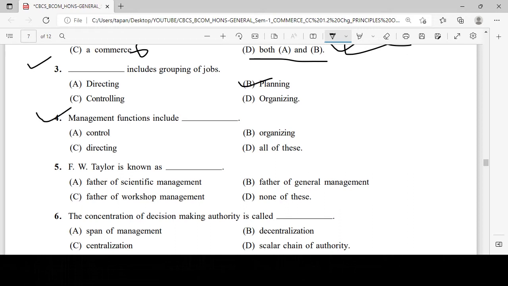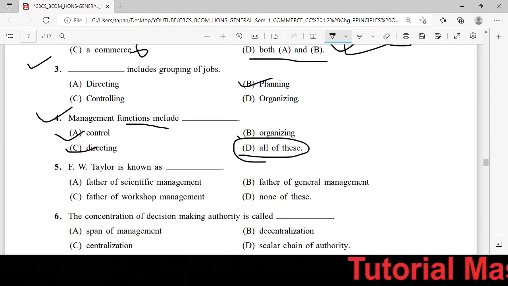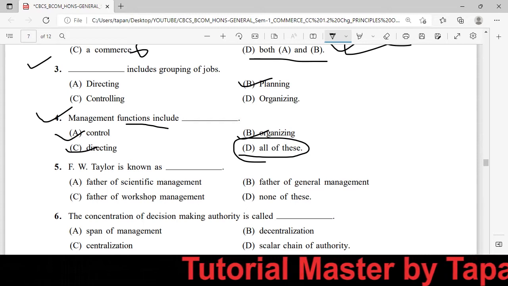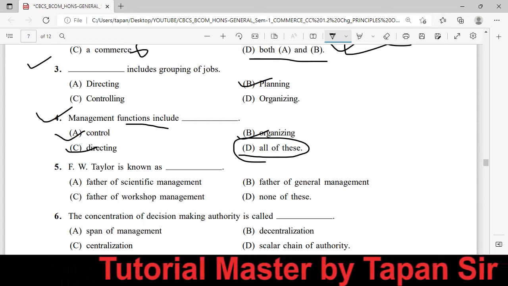Question number 4. Management functions include. There are 4 items: control, organizing, directing, and all of these. Now control, directing, organizing. That means there are actually 5 functions.